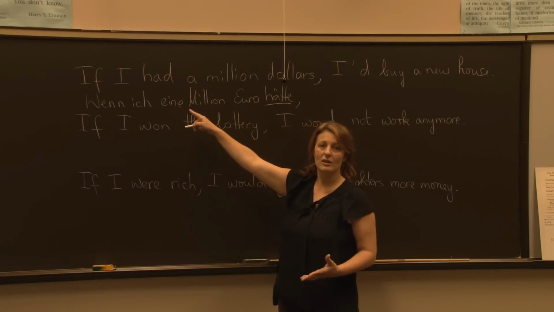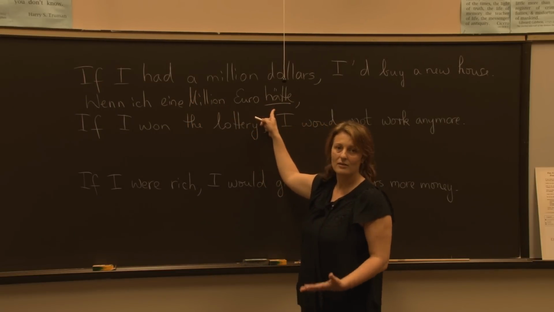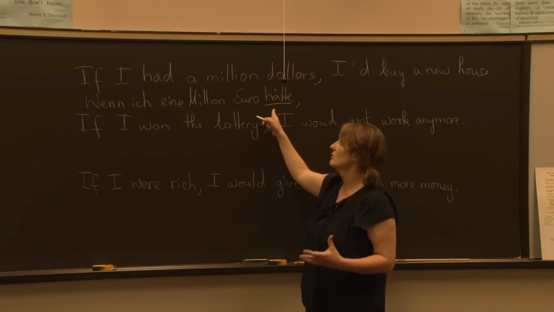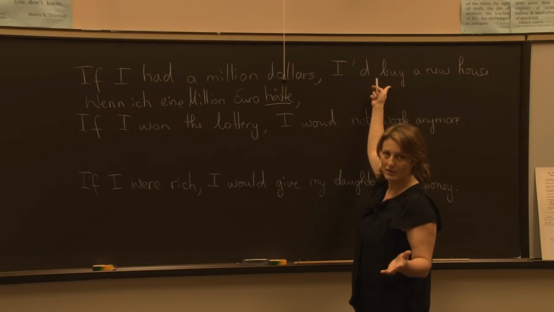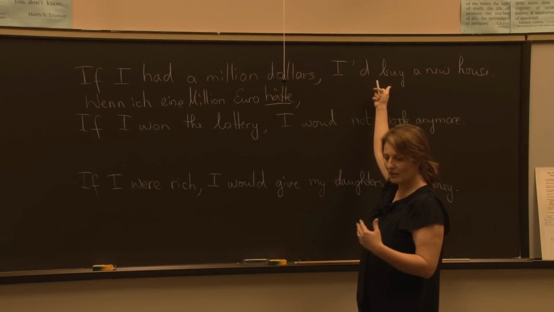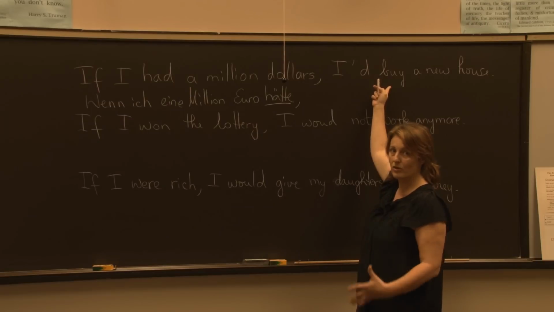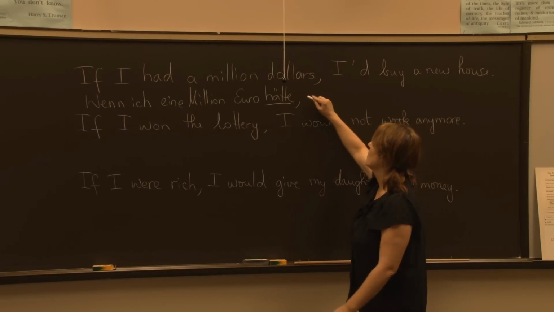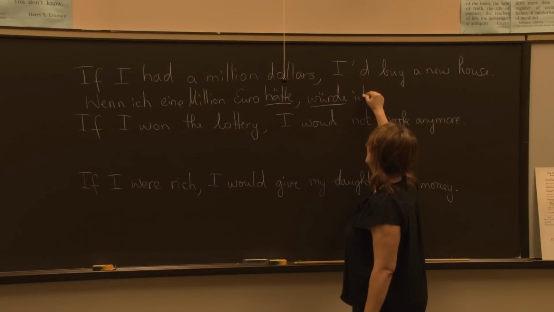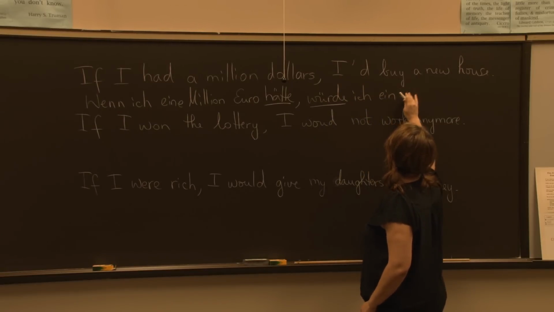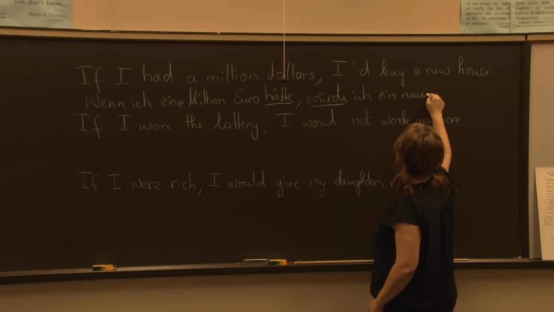Had has its own subjunctive form, it's hätte, yeah? So we use that. Wenn ich eine Million Euro hätte. Now, buy is not one of the verbs we studied that has its own subjunctive form, so we use würde plus infinitive, yeah? Würde ich, was würde ich kaufen? Ein neues Haus kaufen.